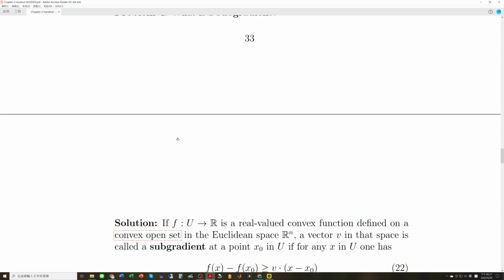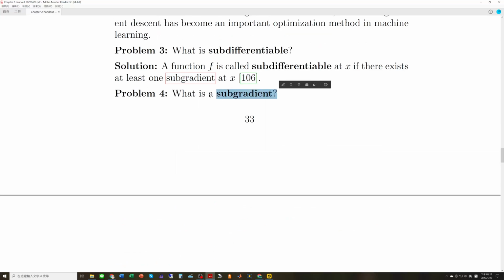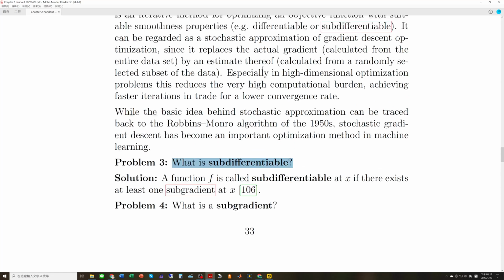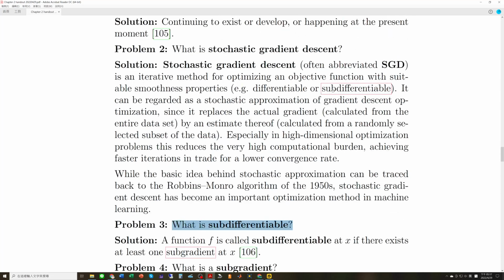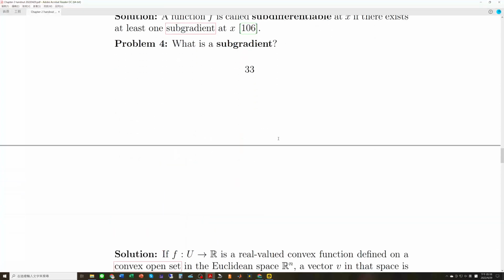Because it is in the solution of the subgradient. And the subgradient is in the problem of what is subdifferentiable. And subdifferentiable is in the problem solution to problem 2: what is stochastic gradient descent? Okay, so let us continue.